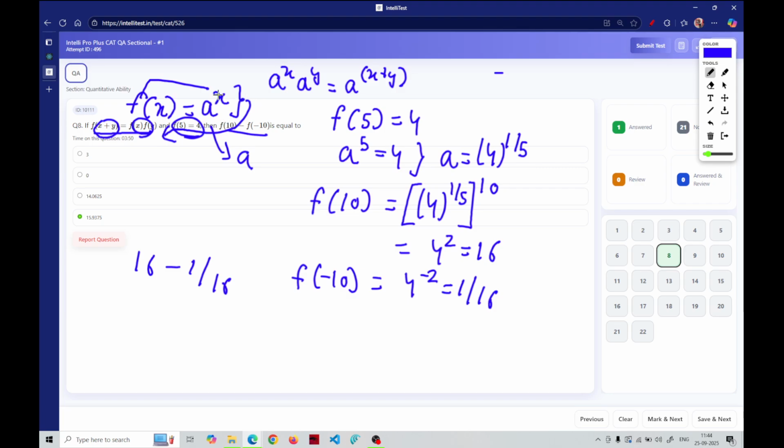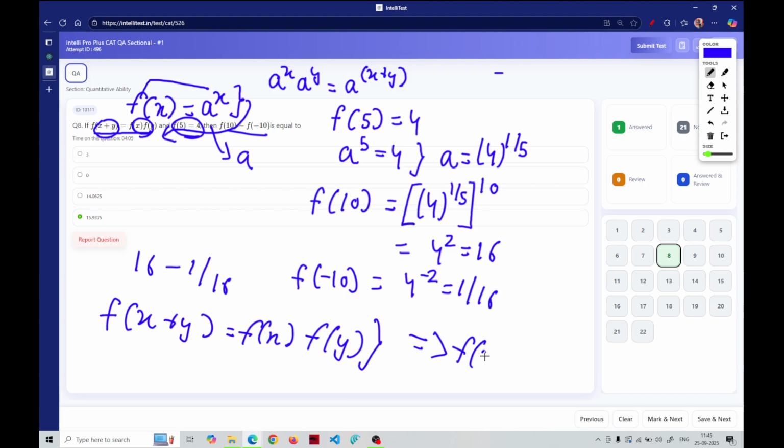So the core concept here is, if I get f of x plus y to be equal to f of x times f of y, I can just directly assume f of x to be a to the power x, and just this and nothing like plus b. We cannot do plus b because then this expression will not hold, so it will be just a to the power x.